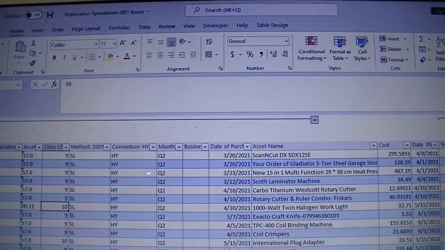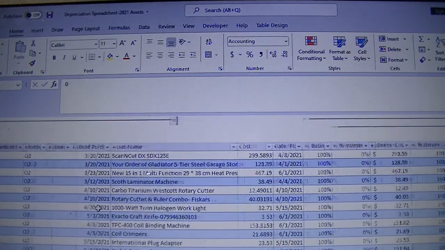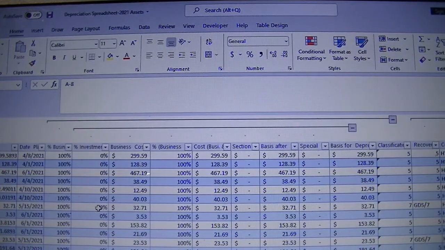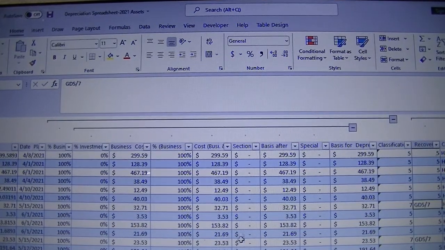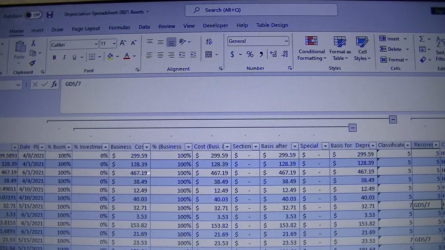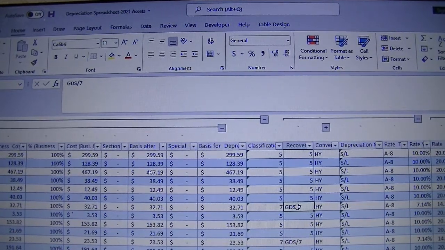Yes, 10. And with that information, we know that they have a recovery period there, which is 7. So the recovery period will tell us automatically that the classification for that property is 7 as well.